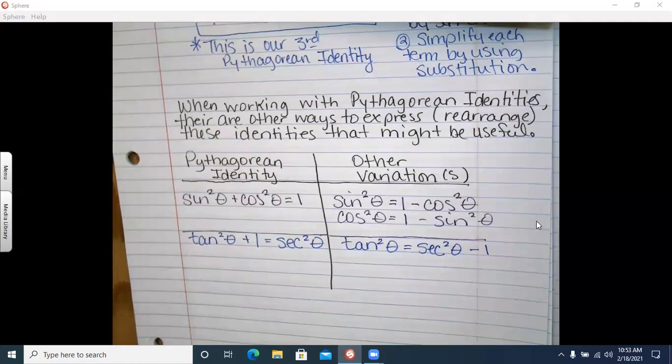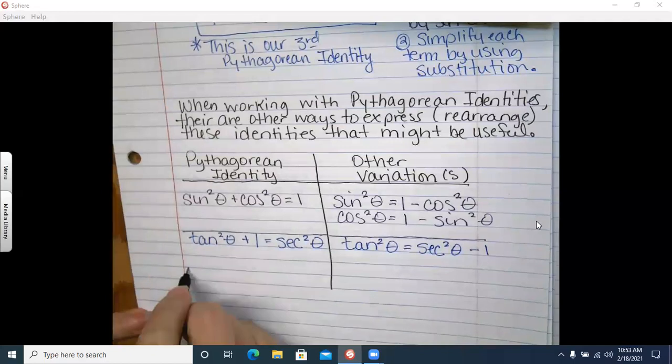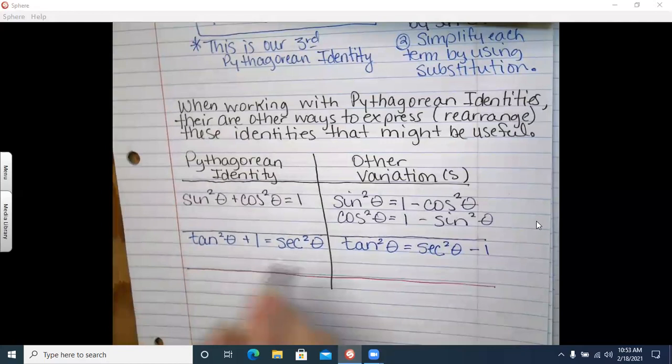And then that third one, and all three of these are Pythagorean identities, was 1 plus cotangent squared of theta equals cosecant squared of theta. So how we have it written now, cosecant's isolated.